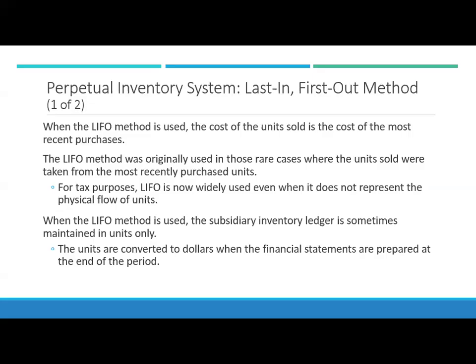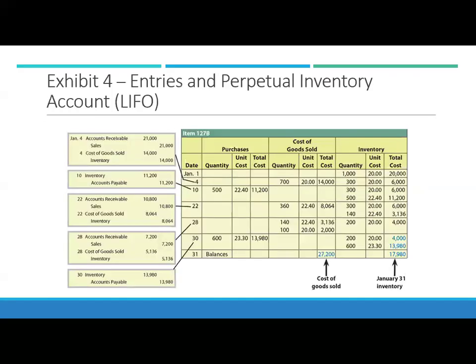And then when the LIFO method is used, the subsidiary inventory ledger is sometimes maintained in units only, and the units are converted to dollars when the financial statements are prepared at the end of the period. And this is because, especially in this example here, under LIFO, we're selling the most recently purchased units.